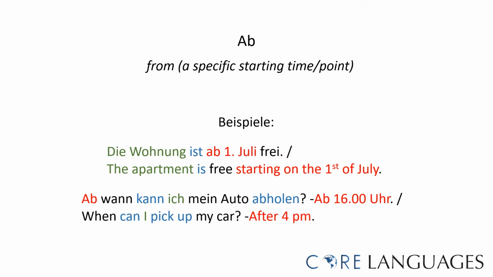Ab wann kann ich mein Auto abholen? And the answer is ab 16 Uhr. When can I pick up my car? And the answer is after 4 p.m. or from 4 p.m. onwards.